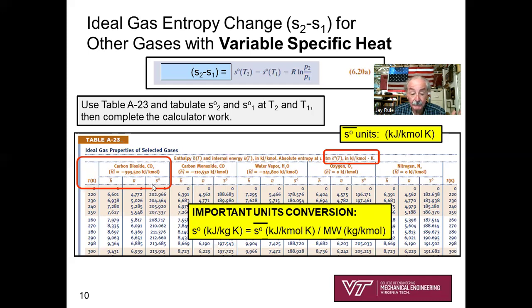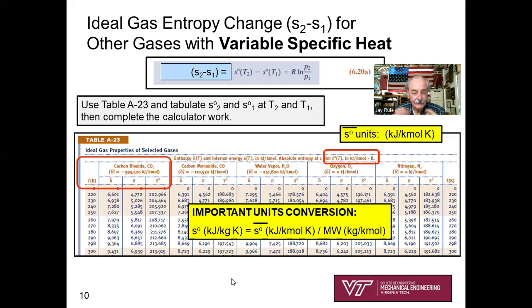So if our problem were carbon dioxide, and let's say your number was 208.717, you would divide that by 32 plus 12, 44. So your S value in kilojoules per kilogram would be 208.7 divided by 44. That's another little detail to put in the back of your mind when you're using table A23.